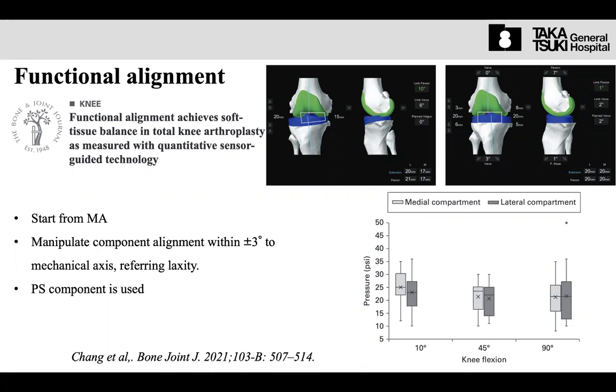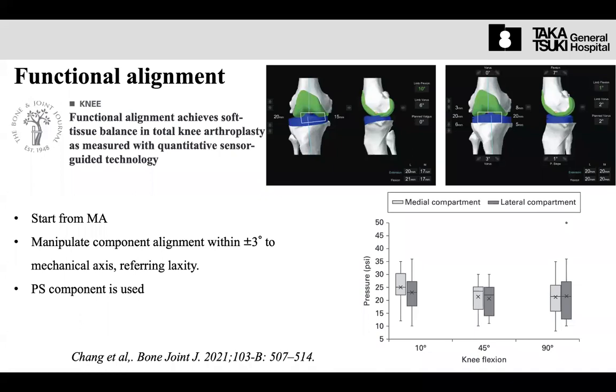So why do we need gap balancing? Because we cut the PCL. If we don't cut the PCL, the extension gap and the flexion gap never change, theoretically. So we can just implant.